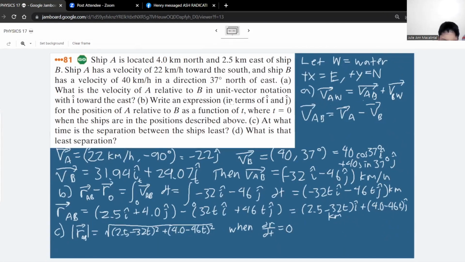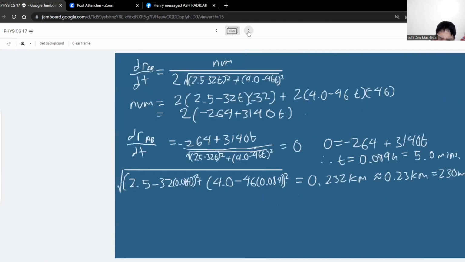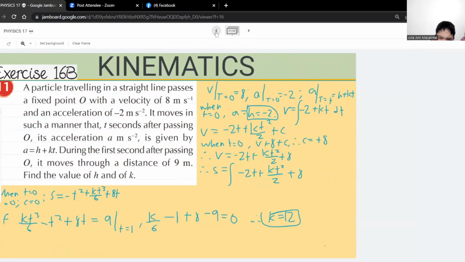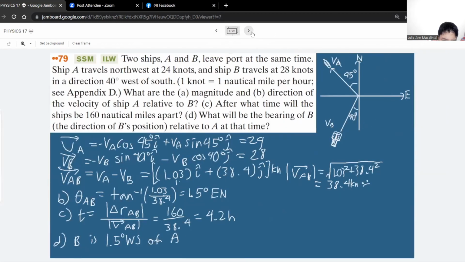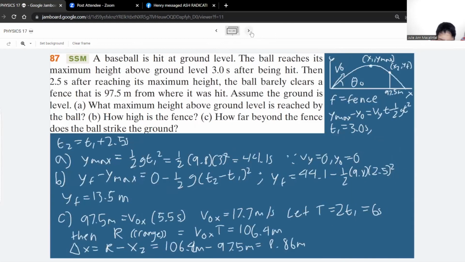Okay, maximum height with ground there. So Y max, y which is 0 anyway.